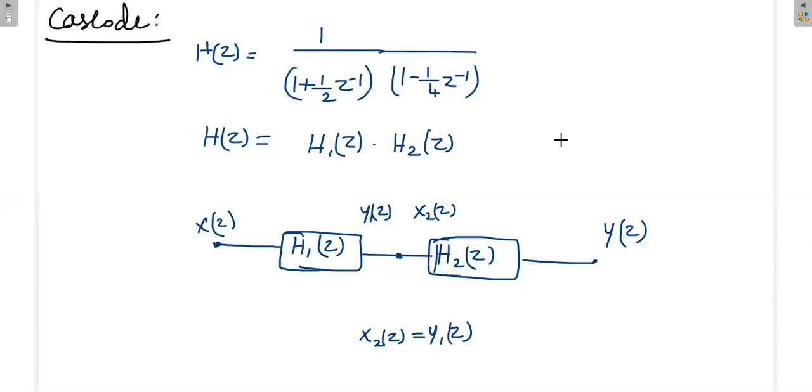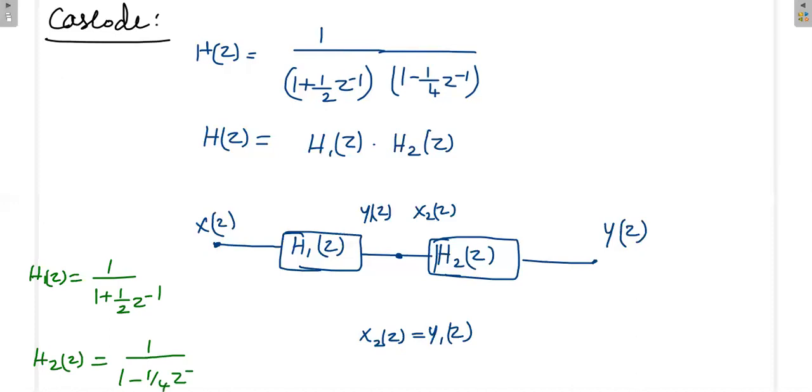So from this, what is h1? h1 of z, we can simply take as 1 plus 1 by 2 z inverse, and then h2 of z is equal to 1 minus 1 by 4 z inverse.